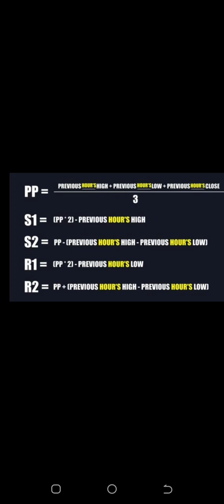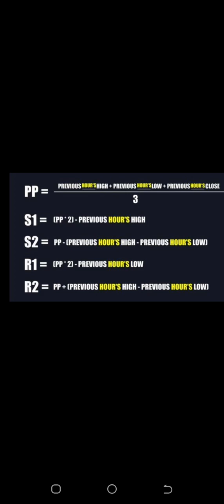So we have position traders, we have swing traders, we have the scalpers, day traders, and the rest. We have a lot of trading types, so these depend on your preference. For this tutorial, we are just showing you the standard way to calculate a pivot point level.